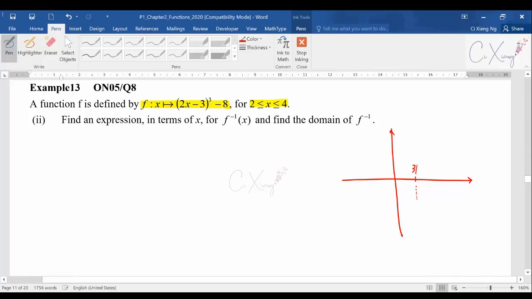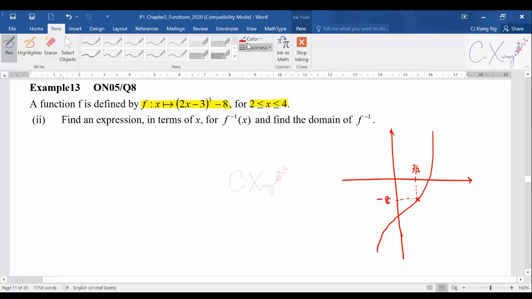Let's say this is 3 over 2. This is negative 8. By using the idea of transformation of graph, I know that my graph will look something like this. This is the cubic graph, correct or not?